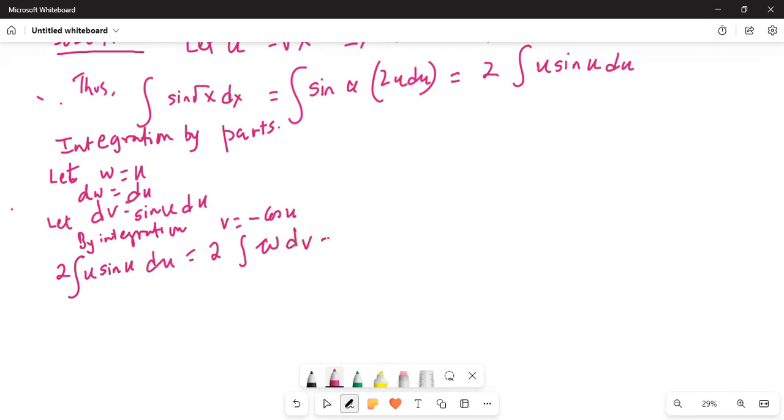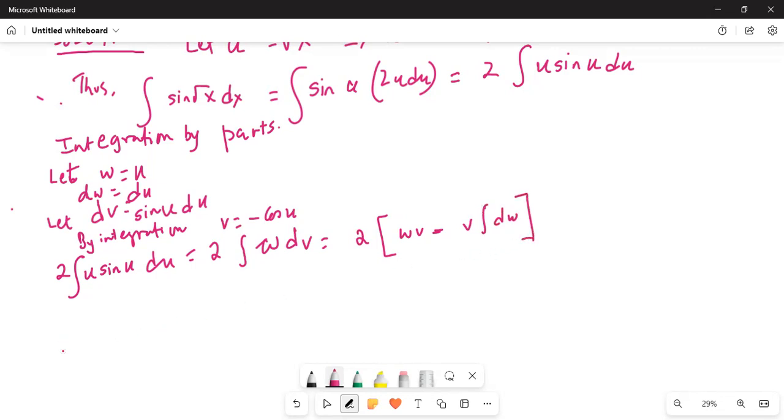That is 2 outside, and then it will be wv minus the integral of v dw.